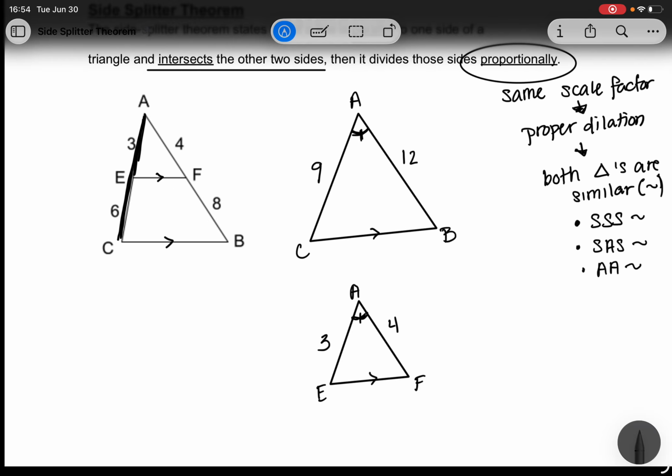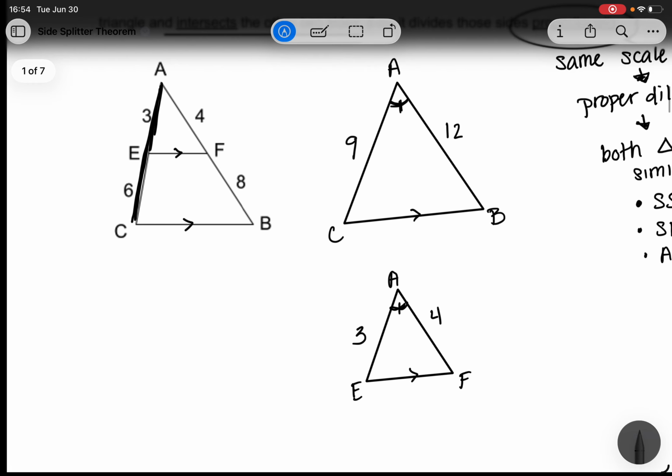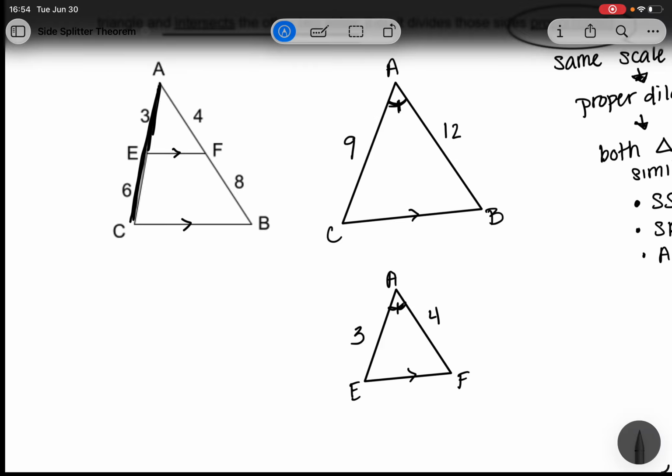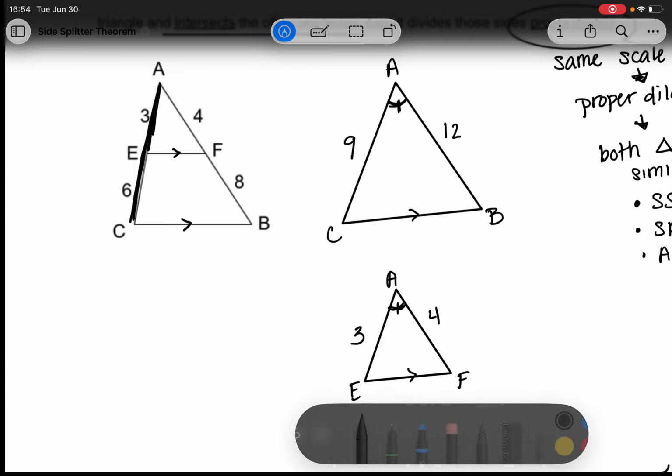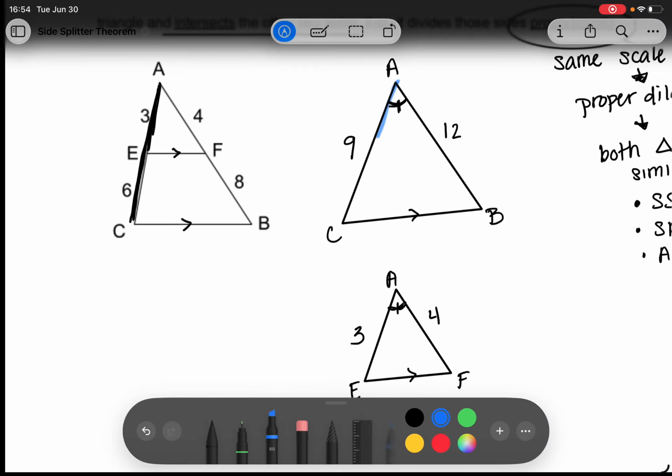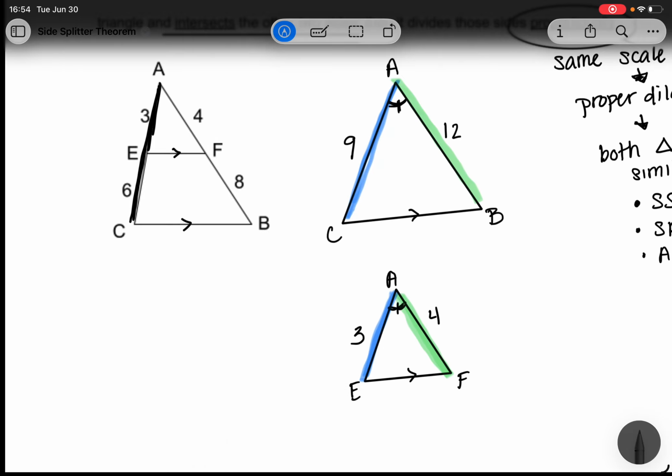From here, we can set up our proportion, or you can just determine your scale factor. But I'm going to do the proportion just to make it simpler. So we have our corresponding sides, so AC is going to correspond with AE, and then AB is going to correspond with AF. So knowing this information, all we have to do is set it up into our fractions. So I'm going to do the large over small, large over small. So blue over blue, green over green.